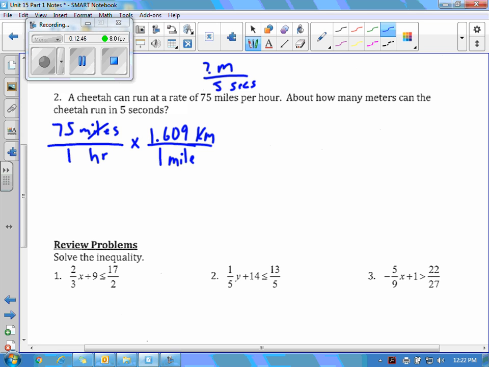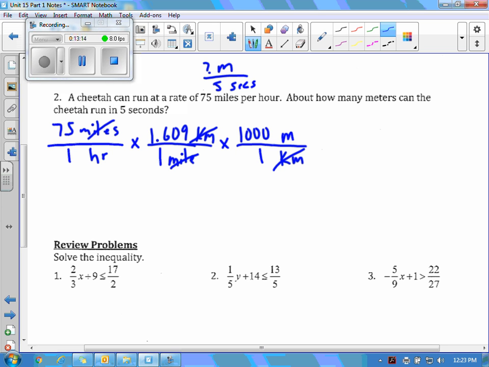The reason why I do that, miles can cancel out. Now I need to turn kilometers into meters. So kilometers in the numerator, now they need to be in the denominator to cancel out. So meters will be on top. I know that there's 1,000 meters in 1 kilometer. So now kilometers can cancel out. So we've gotten miles turned into meters, so we're halfway there.